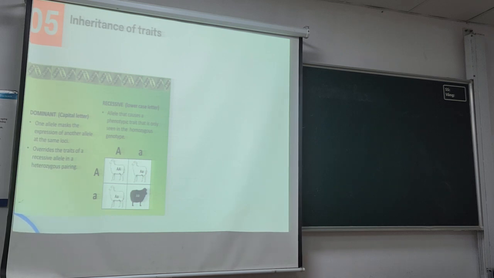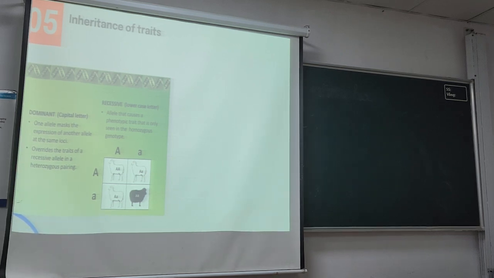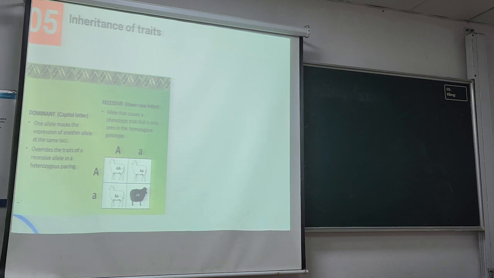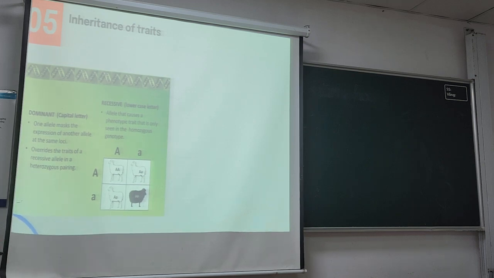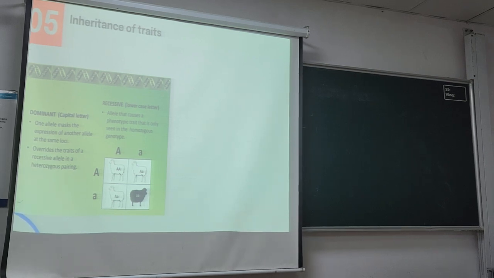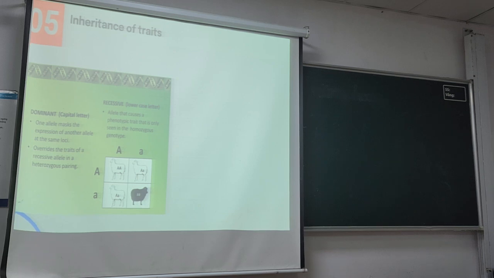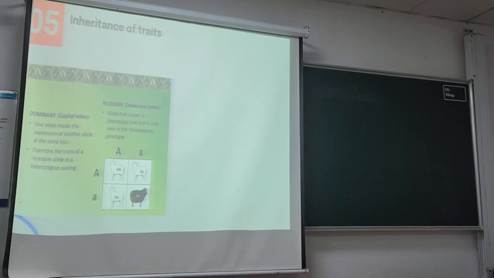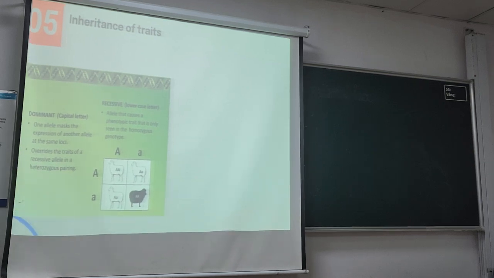It means that two children from one parent will have exactly the same characteristic as each other if they are in the homozygous genotype, and the dominant trait will override the trait of the recessive allele in a heterozygous parent.